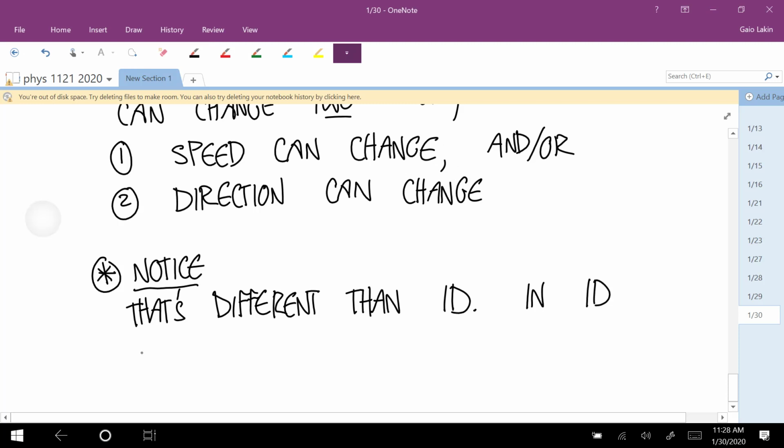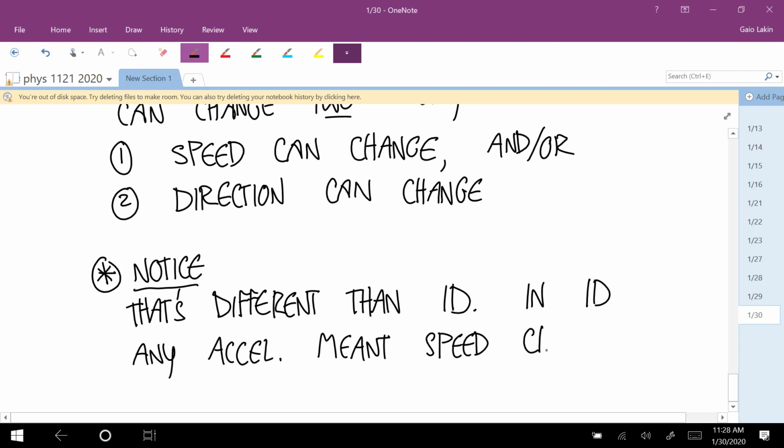In 1D, any acceleration meant the speed was changing, because there's no such thing as turning in 1D.